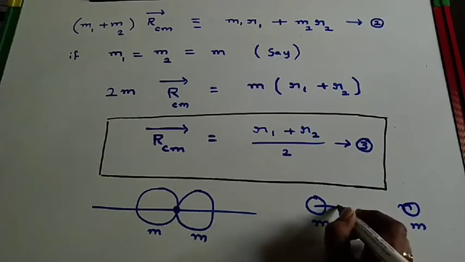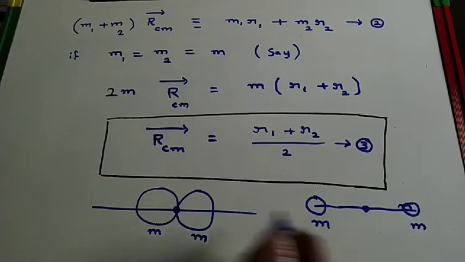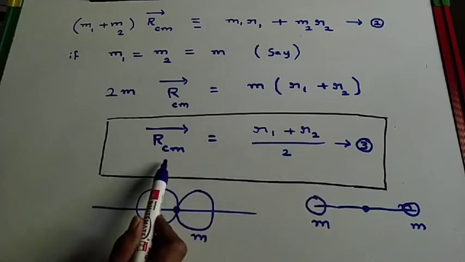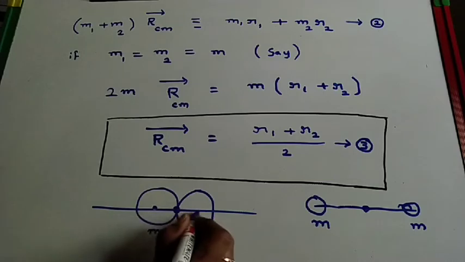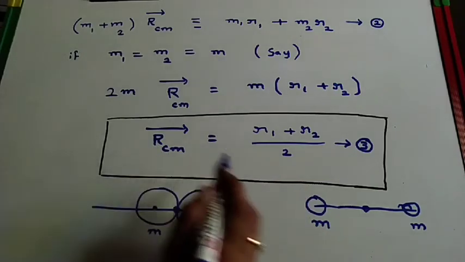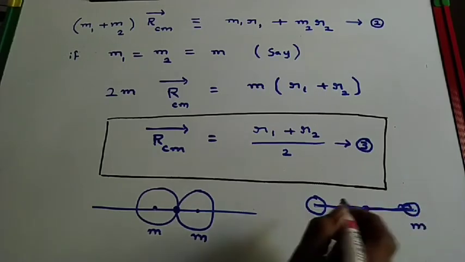Now add these two, therefore this is the center. So these two diagrams support equation number 3, that is RCM is equal to R1 plus R2 by 2.